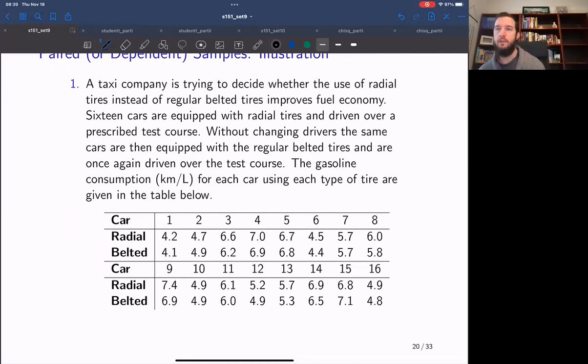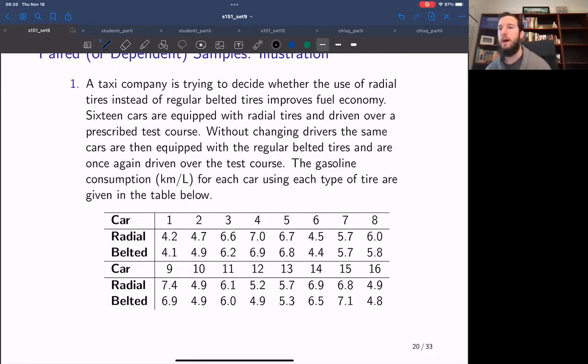So they equip 16 cars with radial tires and drive them over a course. And then without changing the driver or the car, they swap the radial tire out for the belted tire.